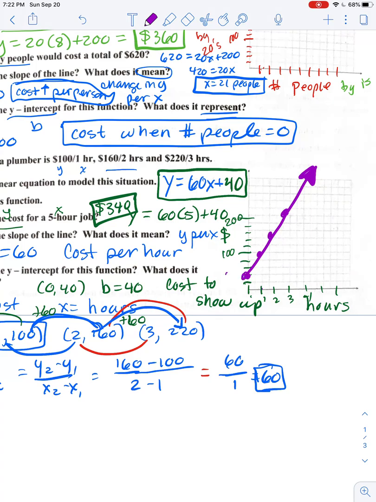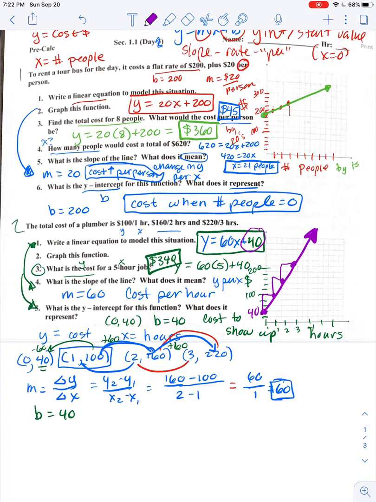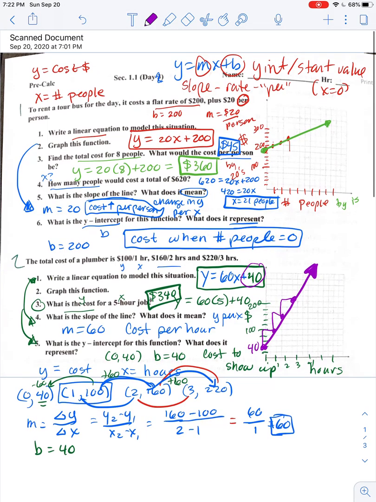Because it's starting at 40, because that's the start value, and it's going up 60 over 1, up 60 over 1, up 60 over 1, and so on. So that's just to kind of put, hopefully, some idea of how to manage these problems. You're always looking for what does the X mean, what does the Y mean, which thing is the rate.